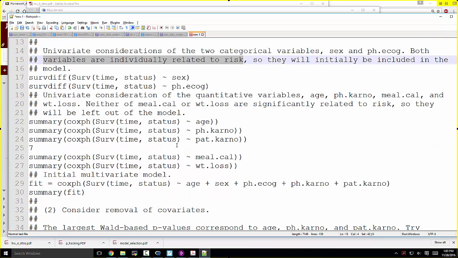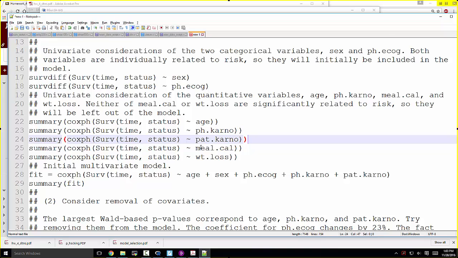For the quantitative variables, all of them except for meal calories and weight loss were statistically significantly related to risk. So I decided to remove those 2 variables.